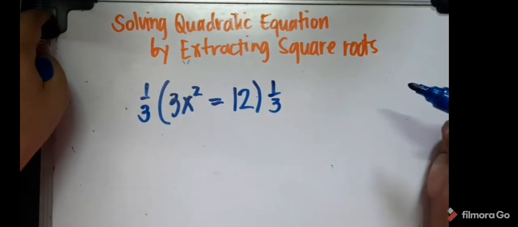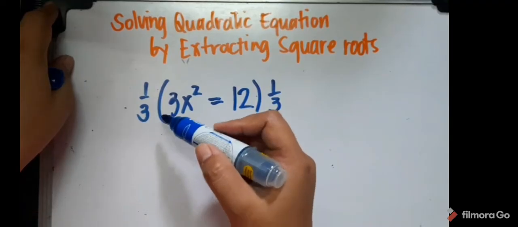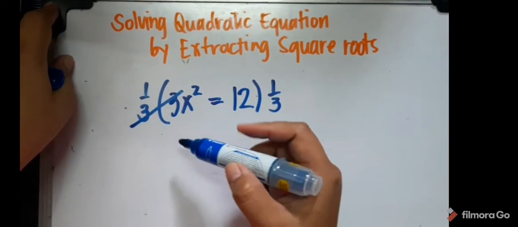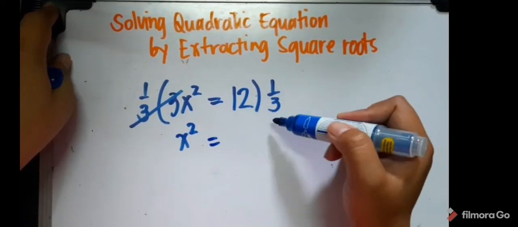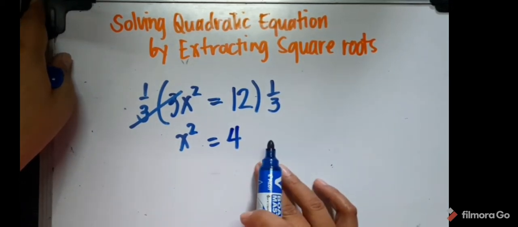Multiplication property of equality is applied. So what's 1/3 of 3? That would be equal to 1. It's 3 over 3. So x squared is equal to, what's 1/3 of 12? Is equal to 4. Now we can extract the square root.